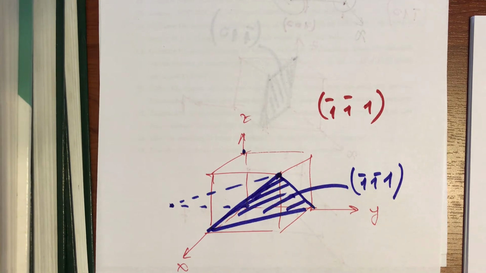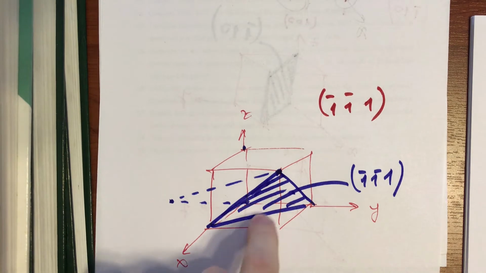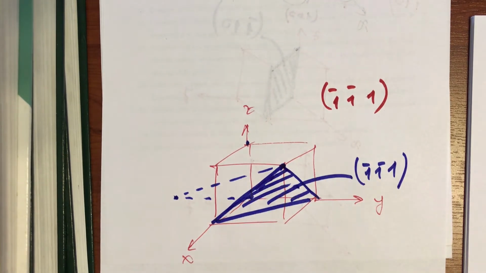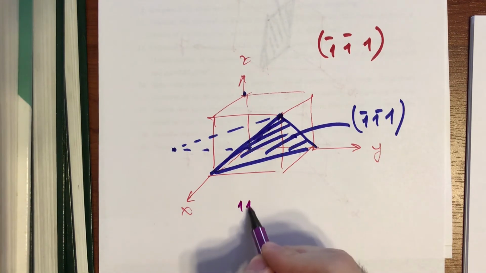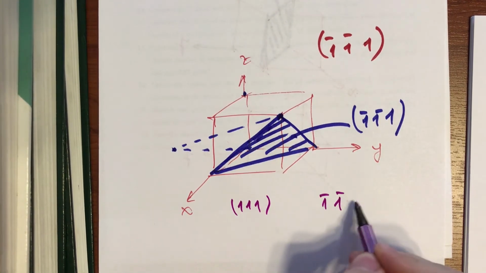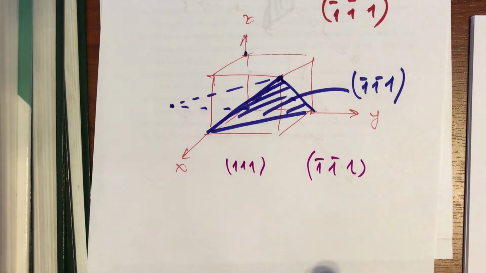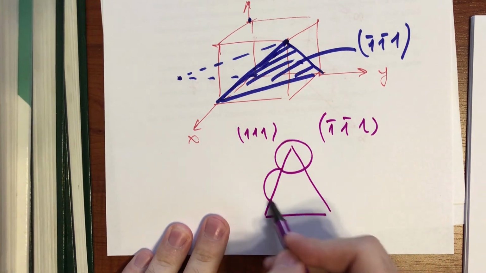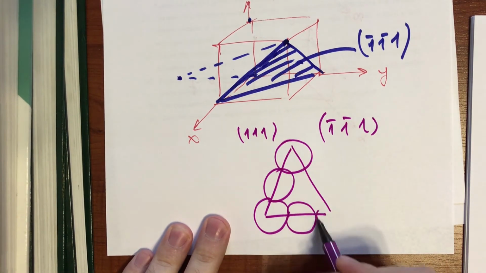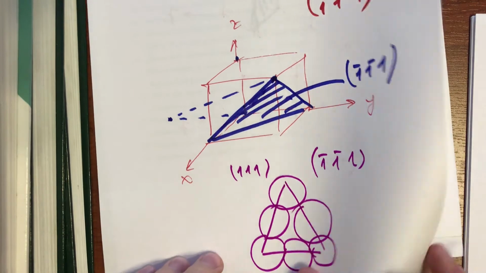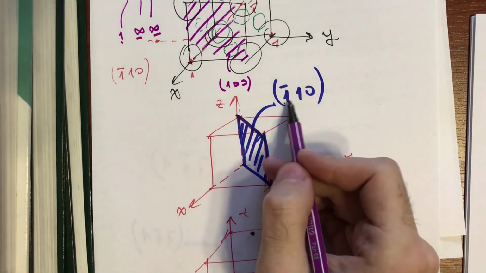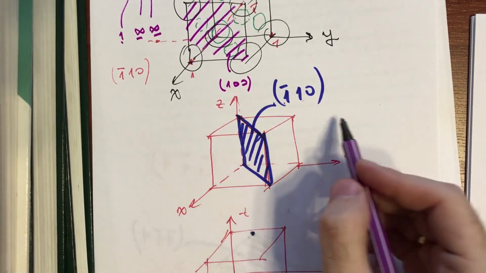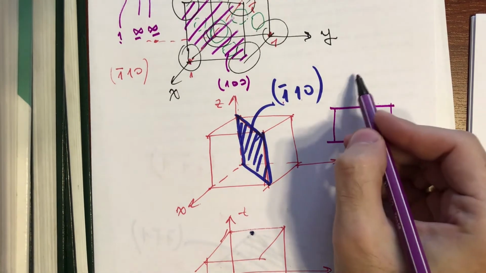So one thing to notice, this looks a lot like the 1, 1, 1 plane, which we drew before. So if you draw both 1, 1, 1 and minus 1, minus 1, 1 as a 2D projection, it's going to give you the same picture, okay? This. Similarly, for this minus 1, 1, 0, it's going to give you the same picture as 1, 1, 0.